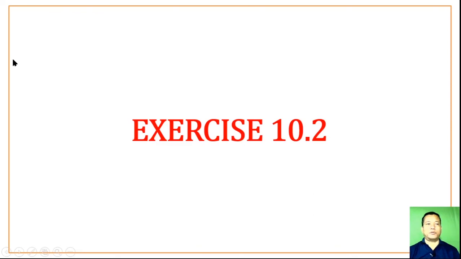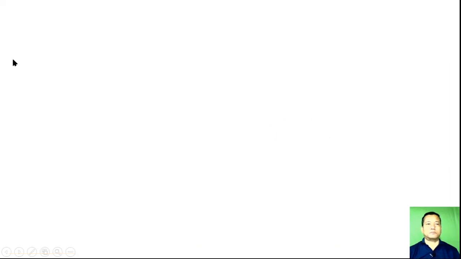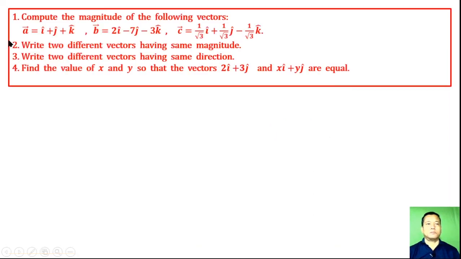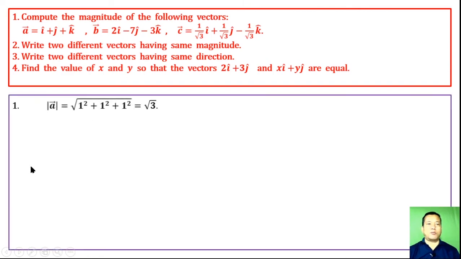Exercise 10.2. Question number 1. Compute the magnitude of the following vectors. The magnitude of A is denoted by the single bar around the vector, which is equal to the square root of i coefficient 1 square plus j coefficient 1 square plus k coefficient 1 square, which is the square root of 3.